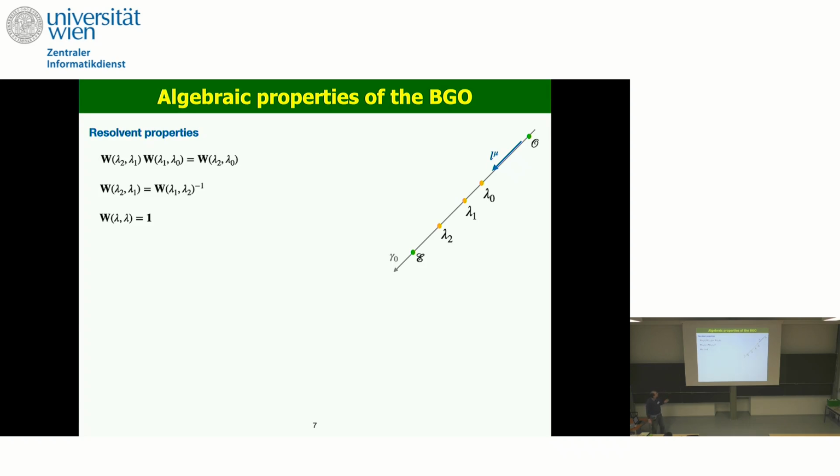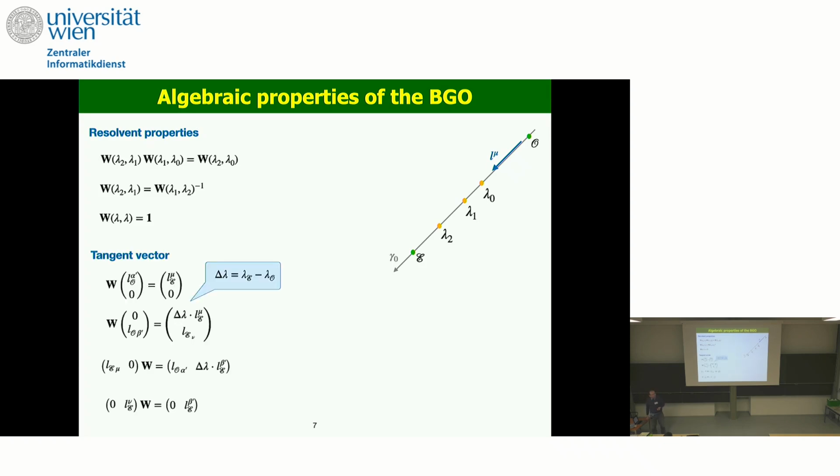It's kind of obvious. On top of that, going back involves simply inverting this matrix. W from point lambda to itself is always a unit operator. What is less obvious is what happens when you plug in this vector L, the tangent vector to my null geodesic.